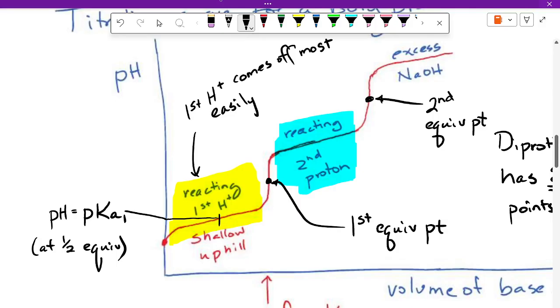And then at the end, we just have excess NaOH, right? That causes the pH there.